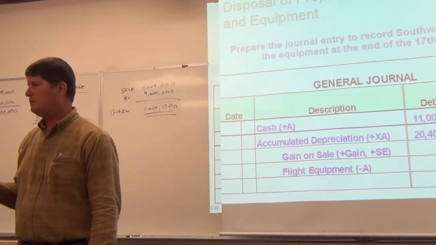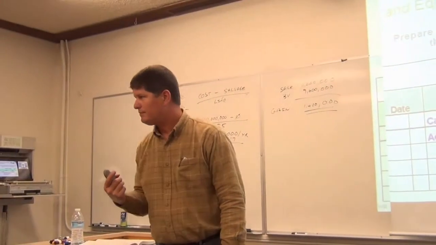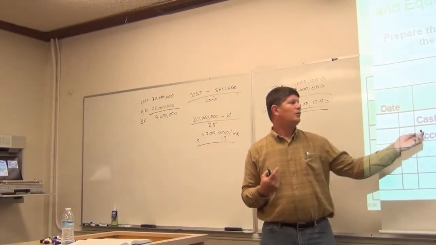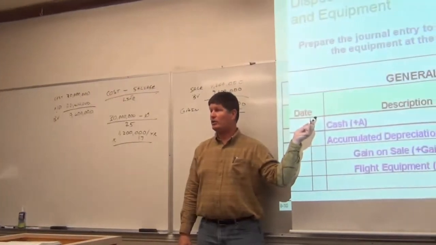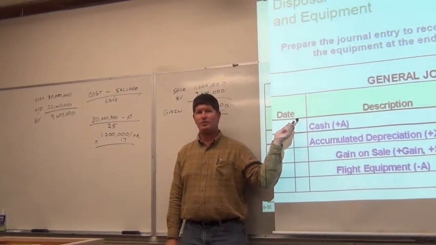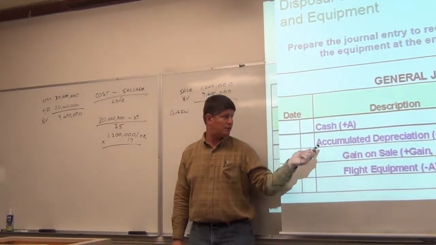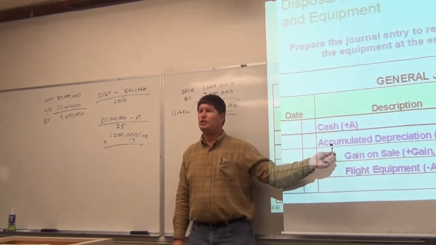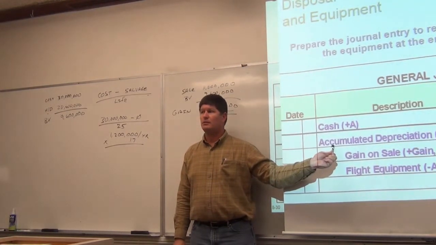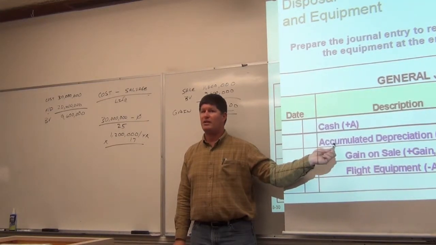The journal entry that goes with this. What did we get? We got cash. So our debit to cash, because cash increases, $11 million. Accumulated depreciation is a credit balance, so we've got to make it go away. To make a credit balance go away, we have to debit it.